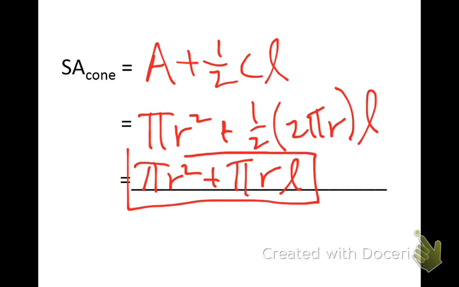We're going to have a formulas quiz at the end of the chapter. That's the formula in the box, the one you need to know for surface area of a cone: pi r squared plus pi r L.